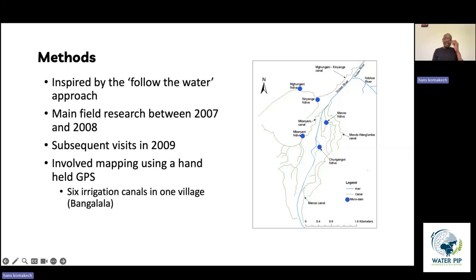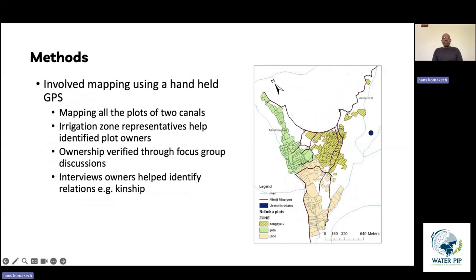In total, I was able to map six irrigation canals in one village. I have tried to highlight some of them in the cartoon on the right of the next slide. But I will focus on only one for this talk, although we do have data for the entire system. The canal I will call here Mkanyeni.